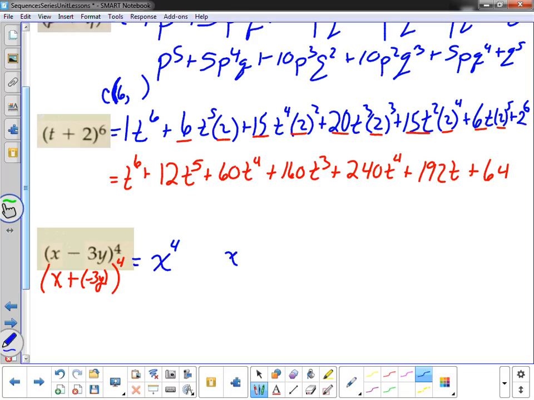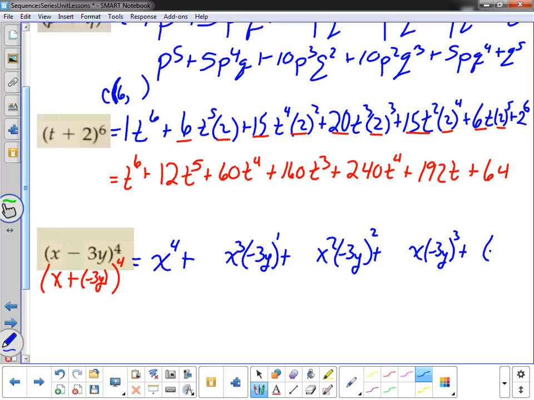And then it's going to be an x cubed, and then the negative 3y gets to go to the first power. And then I know it's going to be an x squared, and the negative 3y gets to become squared. And then I know it's going to be an x, I should put my pluses in here, and the negative 3y gets to go to the third power. And then I know it's going to be a negative 3y to the 4th power.